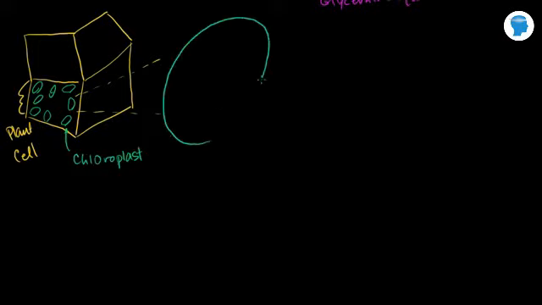It has a membrane that looks like that. And then the fluid inside of the chloroplast, inside of its membrane, all of this fluid, that's called the stroma. The stroma of the chloroplast.